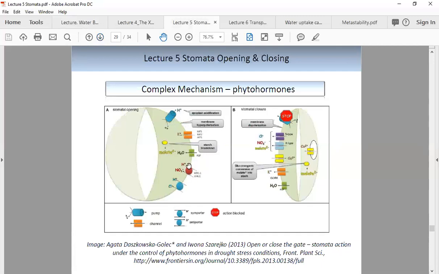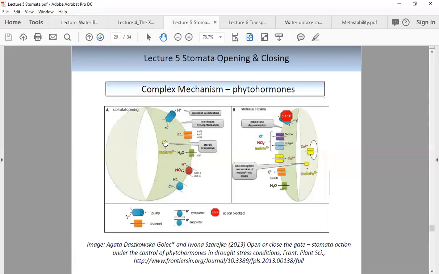Here we also see nitrate being moved in also with the aid of protons. But the most important thing here to note is that the solute concentration is increasing in the guard cell. Solute concentration is increasing. What's the story here?